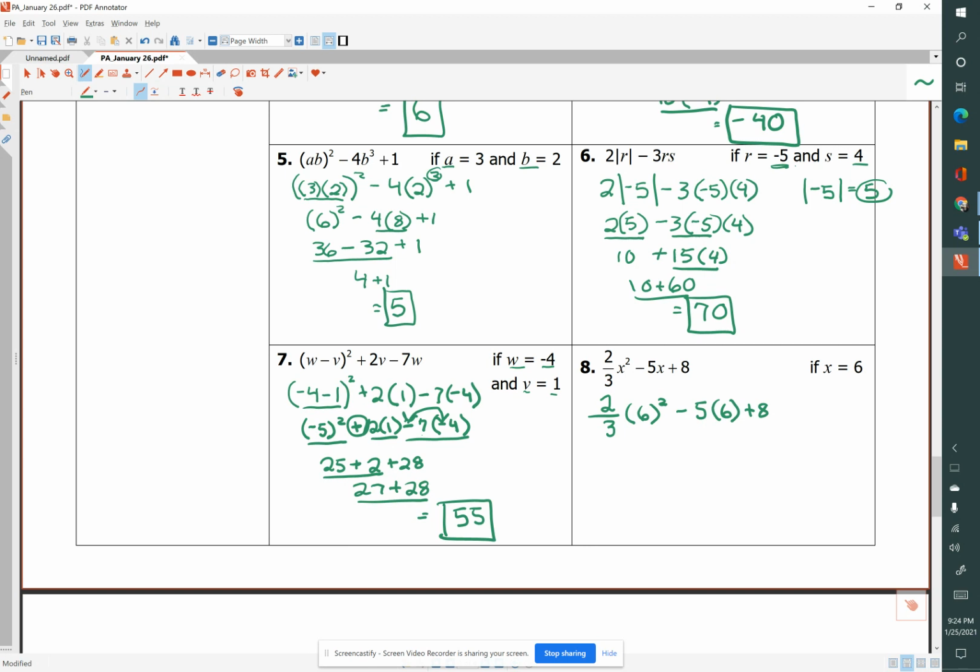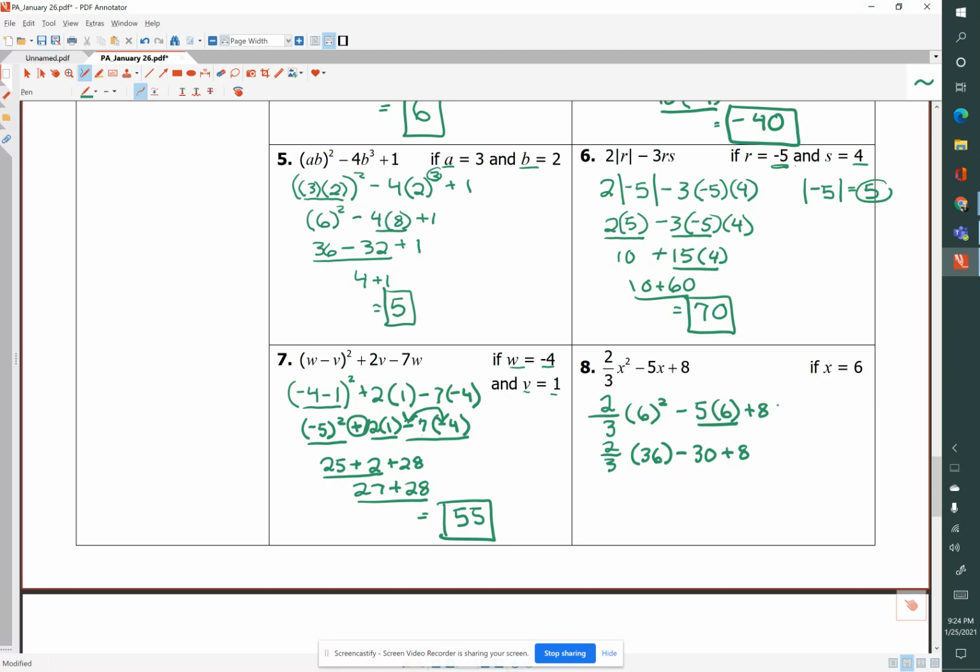So we start with the exponent, 6 squared. So we have 2/3 times 36. 6 times 6 is 36. Minus, and we've got multiplication here, 6 times 5 is 30, plus 8.